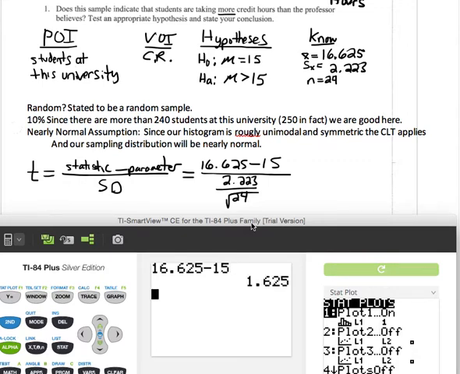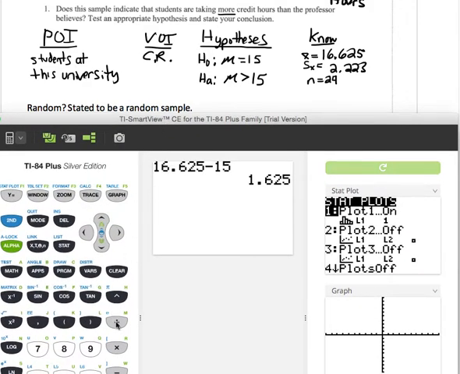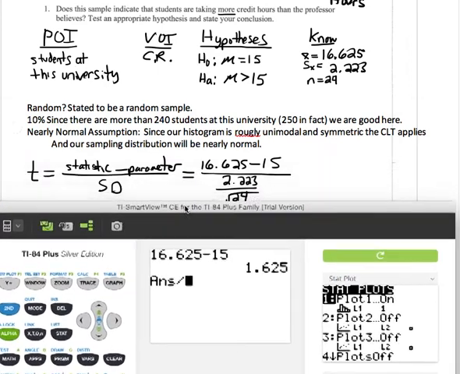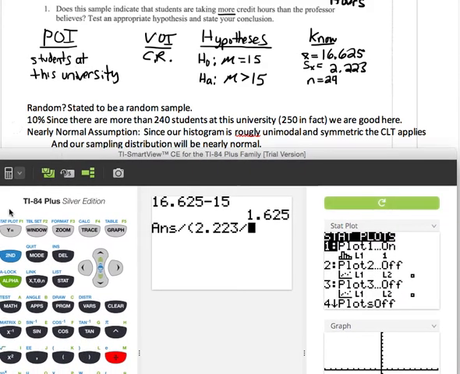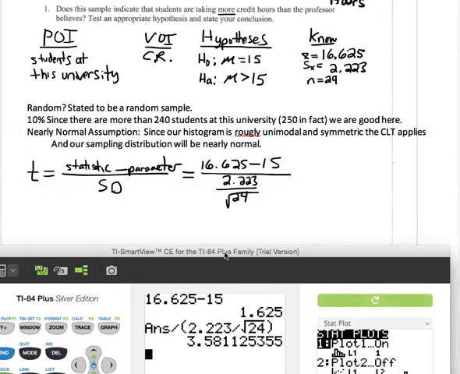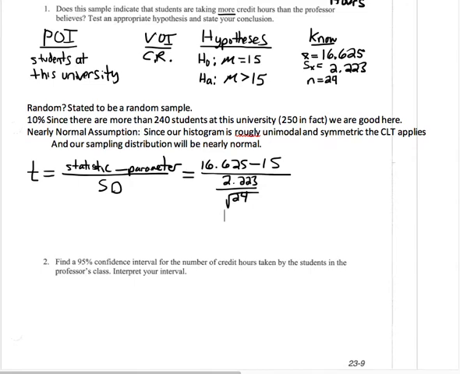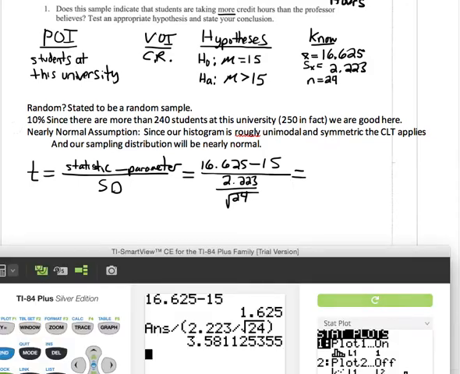Take that and divide it by, put it up here and say divided by, get some parentheses going. 2.223 divided by the square root, I need to hit the square root button, of 24. Okay, so there is our t statistic. So let's go and write that down. So our t statistic here, what was it again? I missed it, dang it. 3.58.